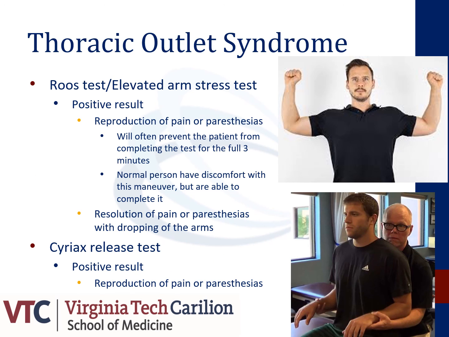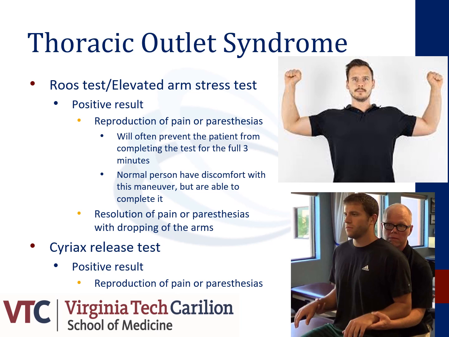The Roos, or elevated arm stress test, is performed by the patient abducting and externally rotating both arms. The patient is then asked to open and close the hands slowly over a 3-minute period. This test, to be positive, will reproduce the pain or paresthesias the patient has been experiencing. Oftentimes, patients with thoracic outlet syndrome will be unable to complete this test for the extended duration.